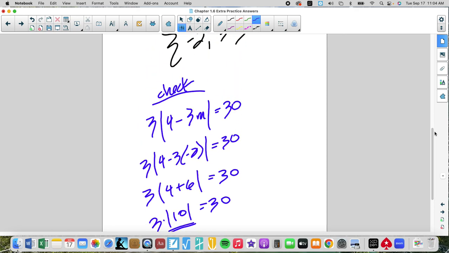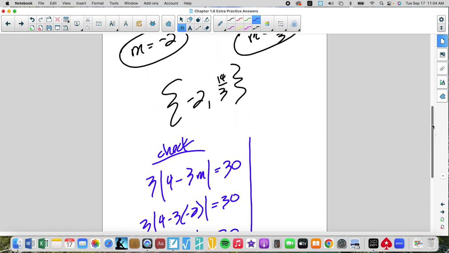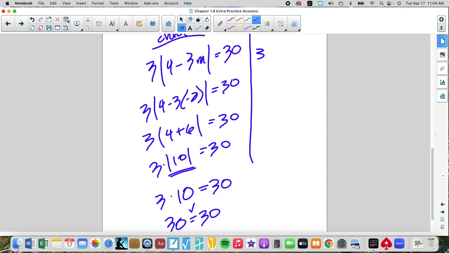Okay? And then I can check my other solution, which is 14/3, equals 30. So 3 times the absolute value. Negative 3 times 14/3. The 3's are going to cancel. I'm left with negative 14.